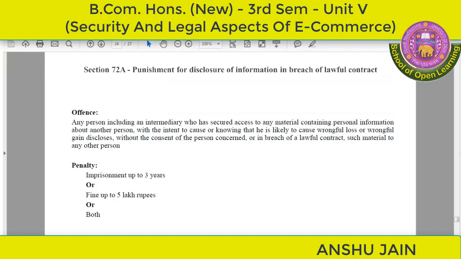Any person, including an intermediary, who has secured access to any material containing personal information about some other person, and with the intention to cause harm or with wrongful gain, discloses it without the consent of the concerned person, or in breach of lawful contract, such material to any other person, then he will be liable for imprisonment up to 3 years or a fine up to 5 lakh rupees, or both penalties can be there.